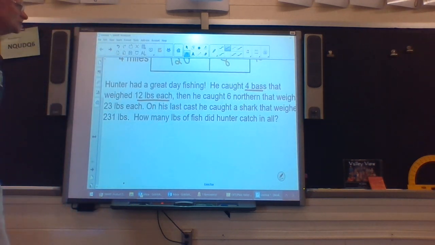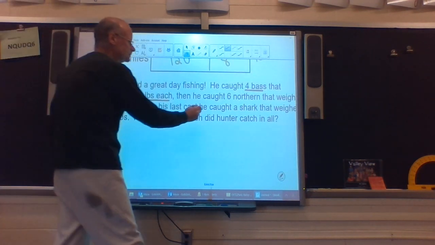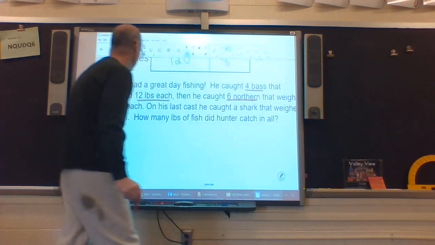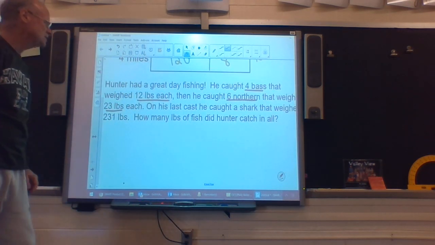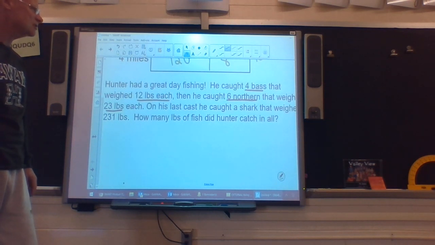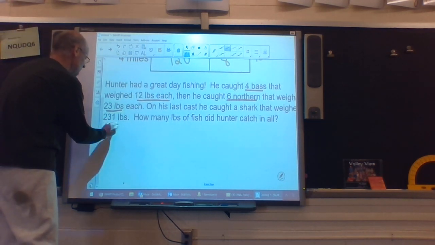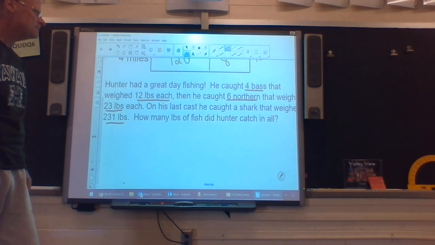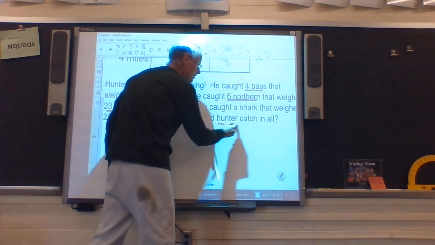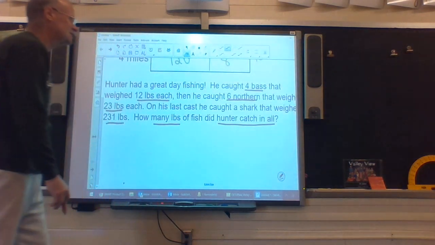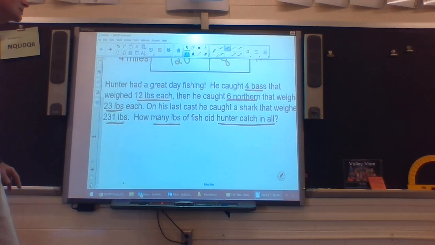That's a big fish. He caught 6 northern that weighed 23 pounds each. On his last cast, he caught a shark that weighed 231 pounds. How many pounds of fish did Hunter catch in all? This sounds like a fish story to me, but oh well.